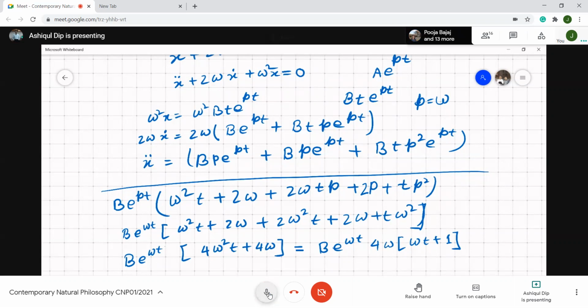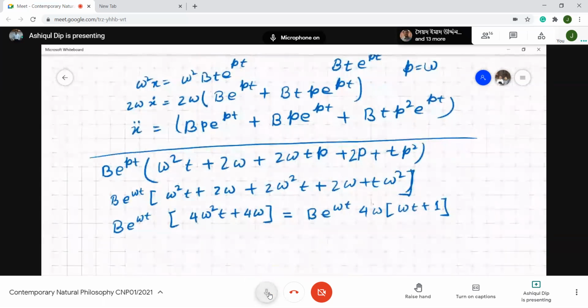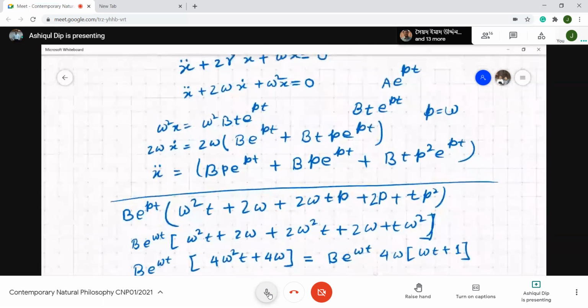But that's not expected, I think. Problem is, I'm trying to show that this thing is zero automatically. So I made a mistake somewhere while differentiating this thing. Oh, actually, I have to consider one more thing. Why is there a T over there?